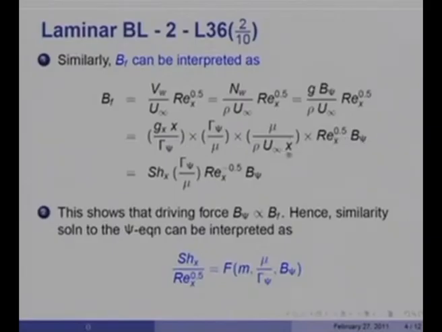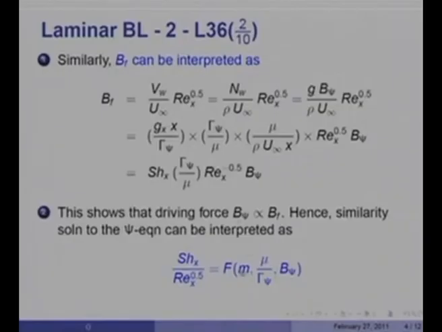But rho u_infinity x divided by mu is Reynolds number, and therefore, this will become equal to the Sherwood number, times gamma_psi by mu, times Re_x to the minus half into B_psi. So, B_f is equivalent to B_psi with this multiplier, and this shows that the driving force B_psi is proportional to B_f, and hence the similarity solution to the psi equation can be interpreted as a Sherwood number divided by Re_x to the half as a function of m, mu by gamma_psi, which may be taken as the Schmidt number, and B_psi, the driving force based on conserved property psi.